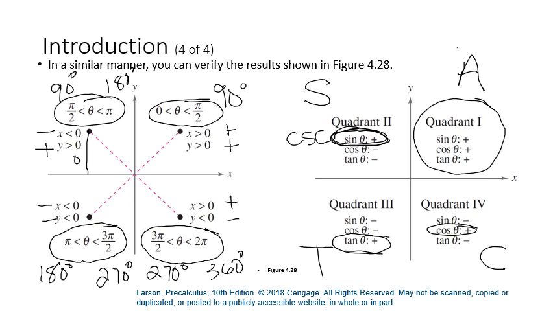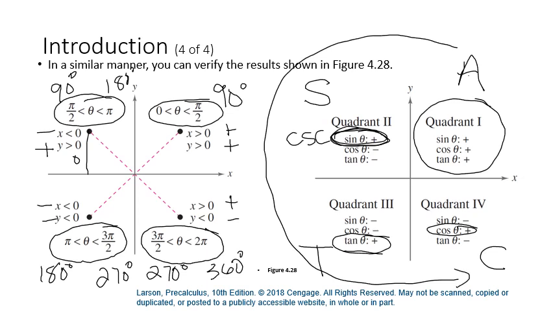So we travel this way around the quadrants, and we remember A, S, T, C. And one silly way of remembering that is all students take calculus. And the letters denote which trig functions are positive in that quadrant.